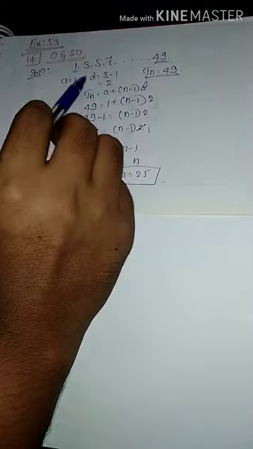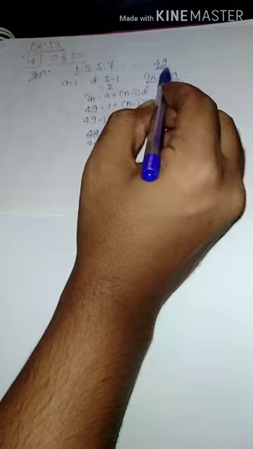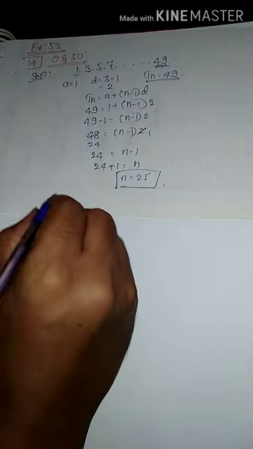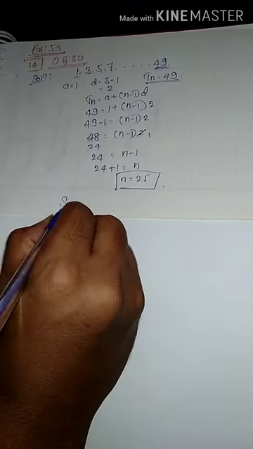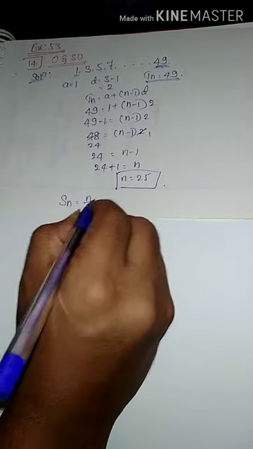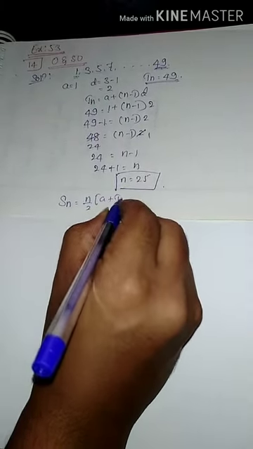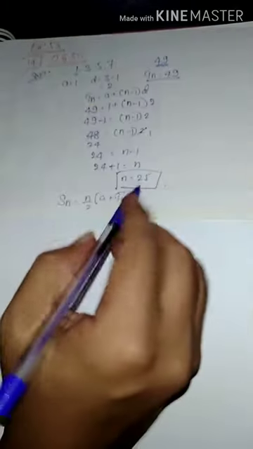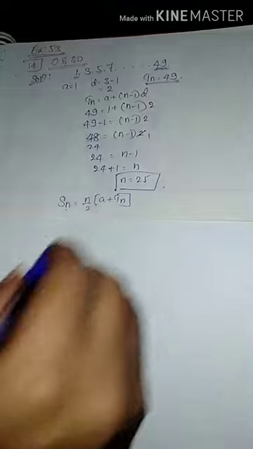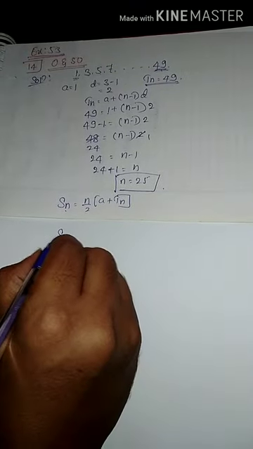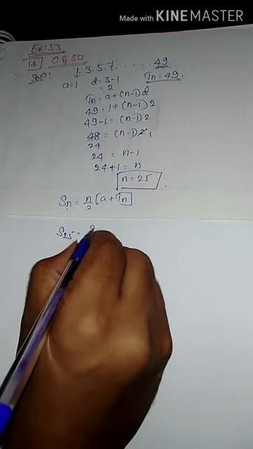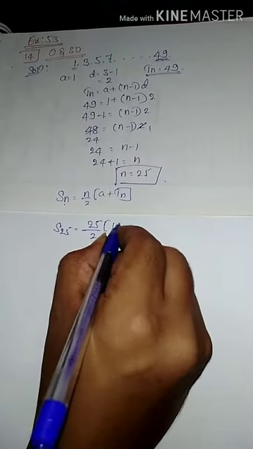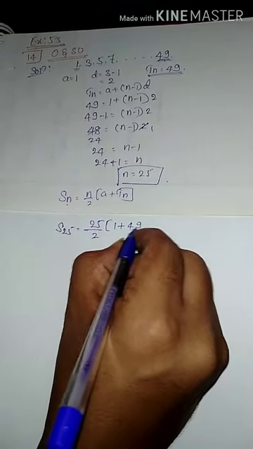In this example, the last term is given. The last term is 49 and the first term is 1. So we find the sum of the first n terms of an AP using the formula Sn is equal to n by 2 into a plus tn, because the last term is given. So n is 25. S25 is equal to 25 by 2 into the bracket a is 1 plus tn is 49.